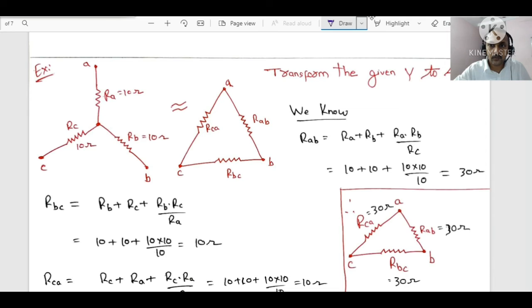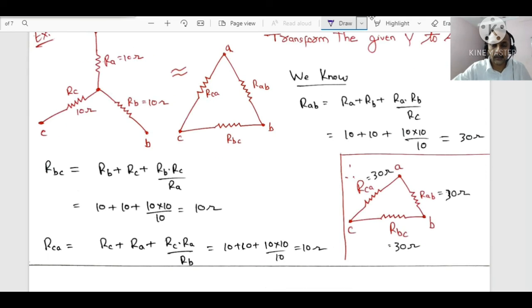Now let me transform just like in our delta analysis. In our delta case, we have done one example where I gave you 3 equal resistors of 3 ohms. In star, how much did we get? 1/3 of that we got in the equivalent star. That means we got 1 ohm, 1 ohm and 1 ohm. Now let me do the same kind of problem.